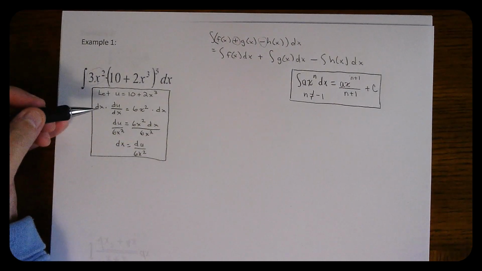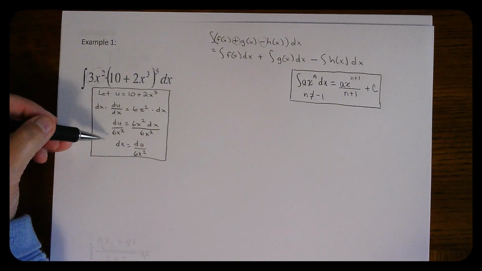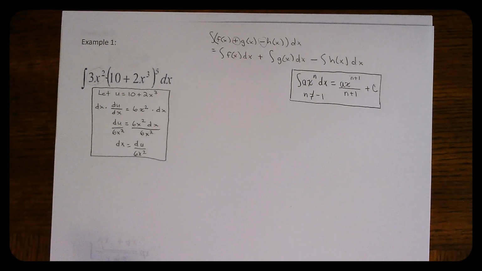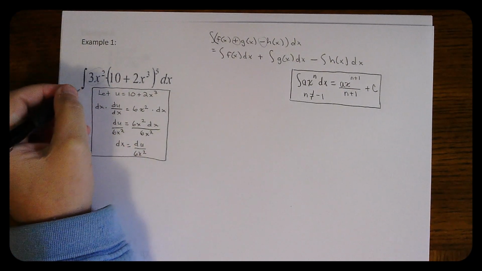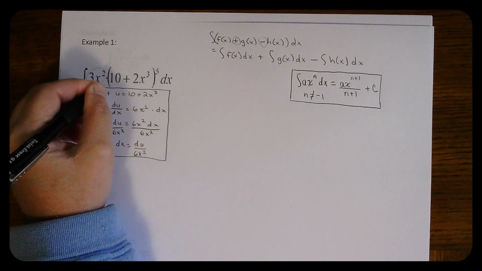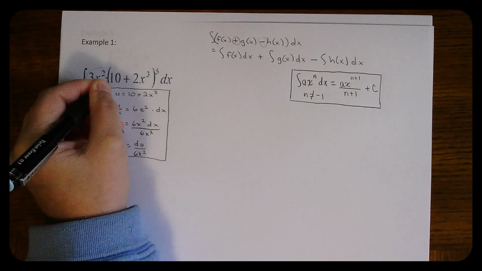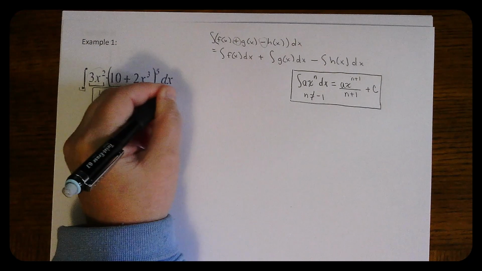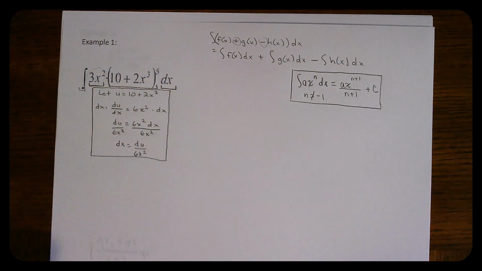Okay, so back to this. What we're going to do is substitute. That's why they call this u substitution. And there are 4 parts. There's the integral, and then there's this first term 3x squared, and then there's this middle term 10 plus 2x cubed to the 5th, and then there's this dx. Okay, see those 4 parts?